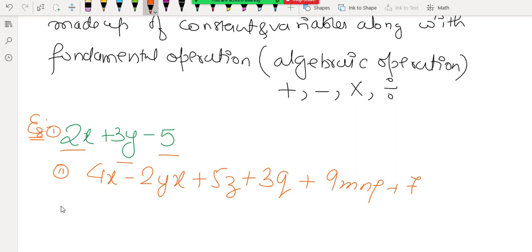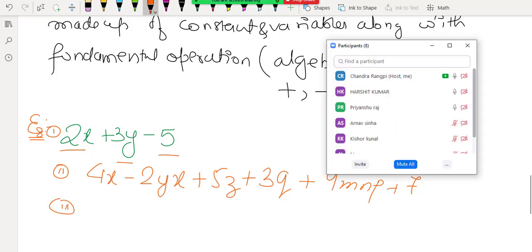Okay, so now it is your turn. Can anyone give me an example of an algebraic expression? Arnav, give me one example. 6a, very good, minus 2b, very good, plus 9c, very good, minus 4.